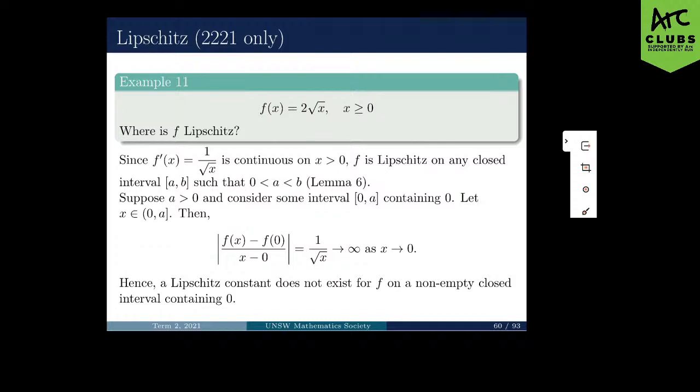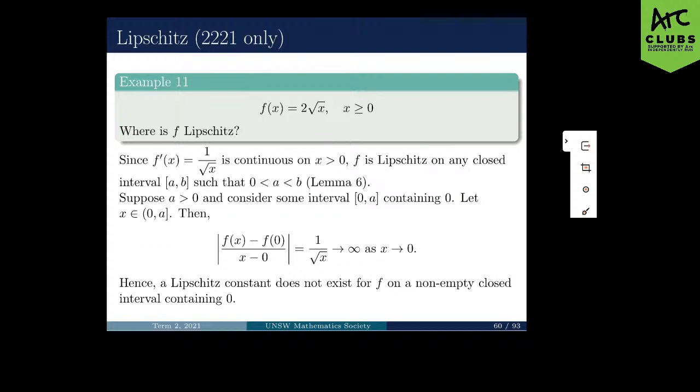We can see this because when we differentiate, this consists of continuous functions, like 1 on root x, except where x is 0. So it is continuously differentiable. So the function must be Lipschitz on any closed interval where the values in that closed interval are positive.